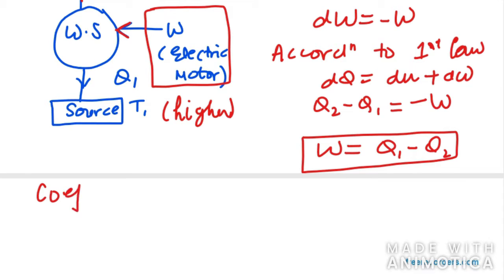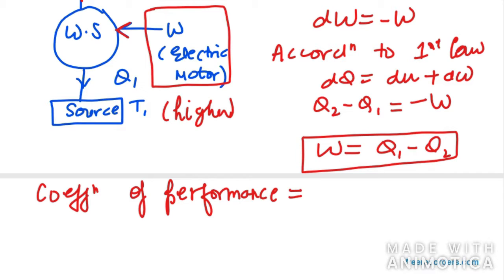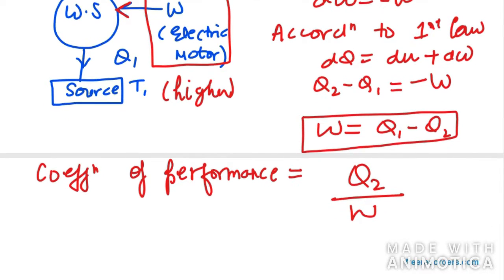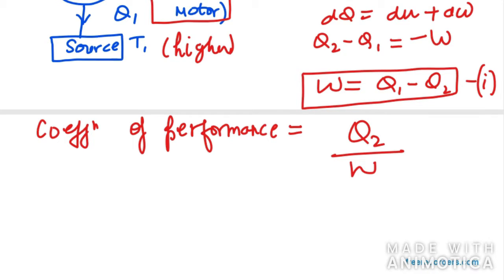So the coefficient of performance is defined as the ratio of the quantity of heat removed per cycle from the content of the refrigerator, that will be Q2, over the energy spent per cycle to remove this heat, so it is the work done. Now the work done can be replaced with the first equation, that is Q1 minus Q2. So Q2 over Q1 minus Q2.